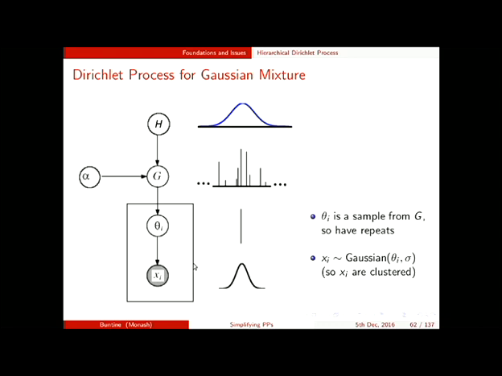And now for an individual point xi, it's going to pick one of these with probability proportional to the height. So it'll pick this particular one as its mean. So Dirichlet processes were used to create mixture models. And so we had infinite mixture models appearing in the press.